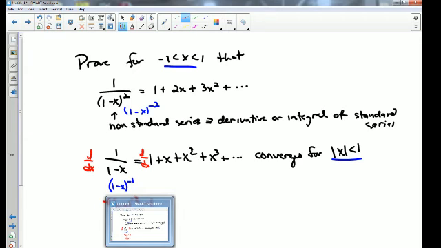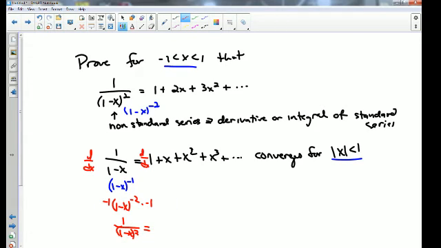And then derive term by term. 0, right? Plus 1 plus 2x plus 3x squared. Those two match, correct?